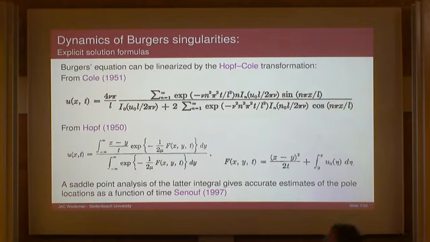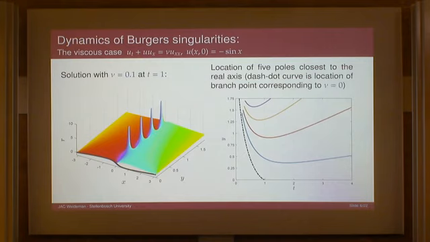So, for example, if you want to predict the locations of those poles, you can just look at the denominator here. You can figure out what this f is. This just becomes the integral of minus sine of x. You can do that. And then you do a saddle point analysis on this. And if you do that, you can predict the locations of these poles that I just showed you. You can predict them very accurately. So analysis there, again, is in check with the numerics.